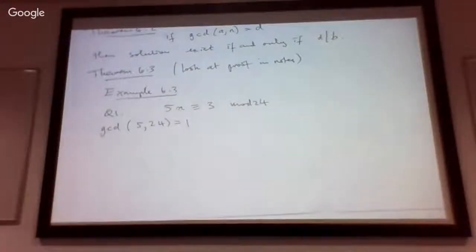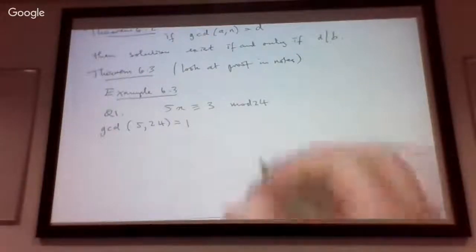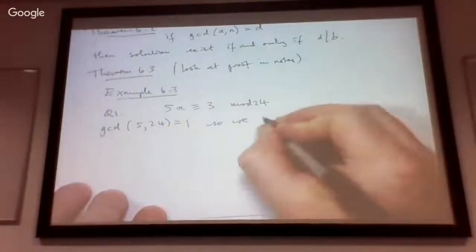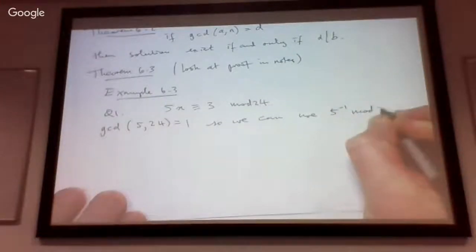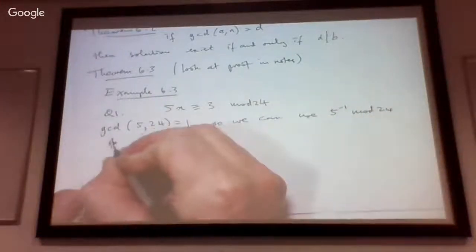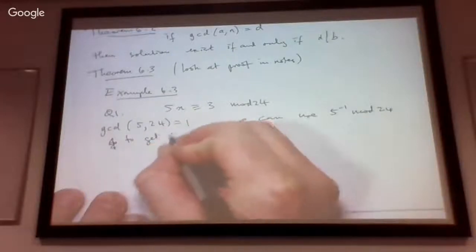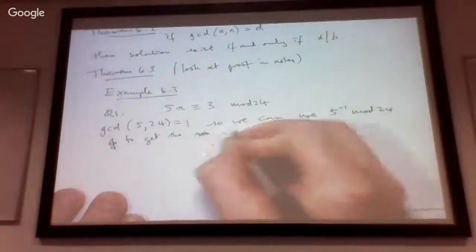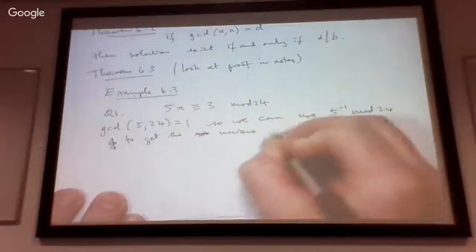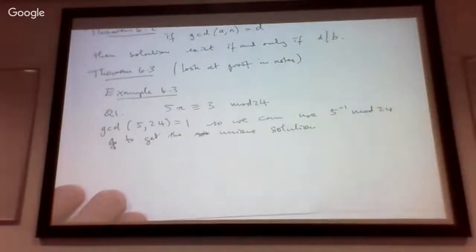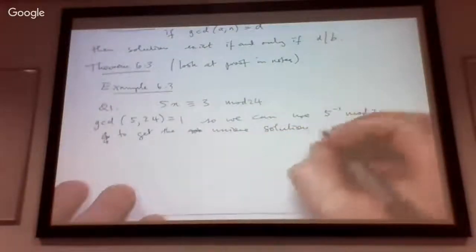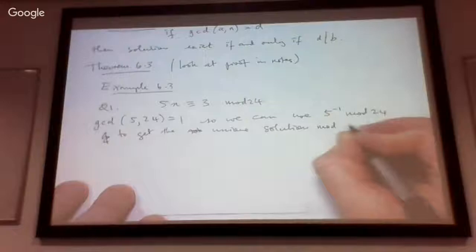Of course, 5 is a prime. 24 is not a multiple of 5. So that means we can use 5 inverse modulo 24 to get the single unique solution mod 24 to this.